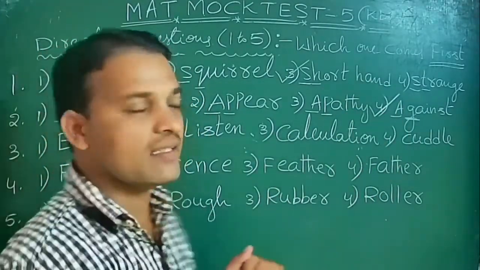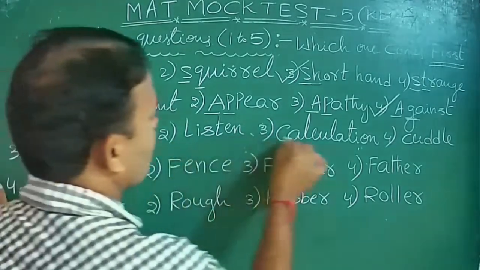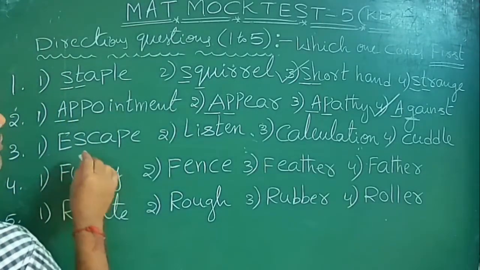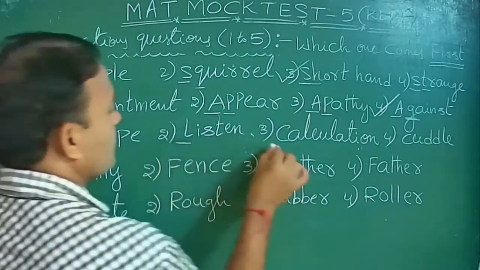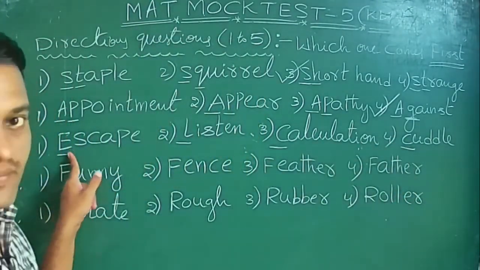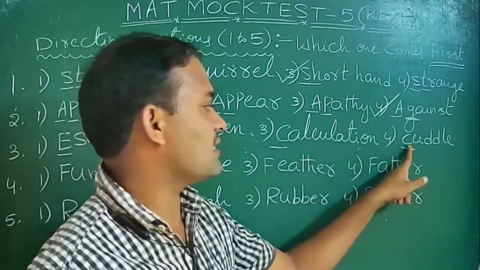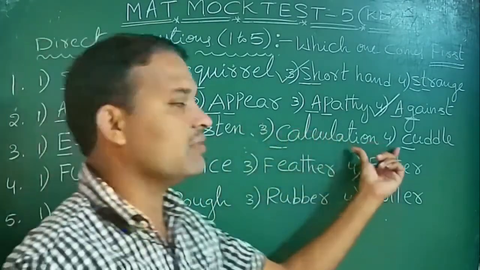Clear? The third question is escape, listen, calculation, coodle. First observe the first letters: E, L, C and C. E is 5, L is 12, C is 3 and C is 3. Compared to the others, these two will come first.